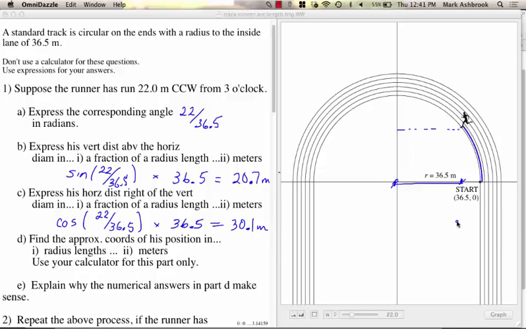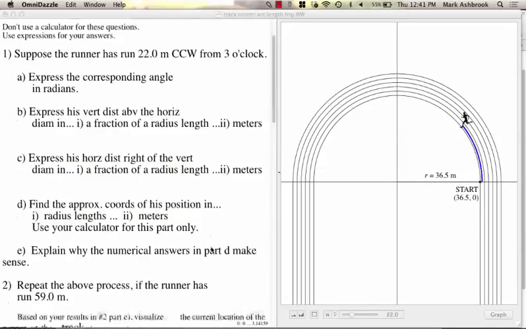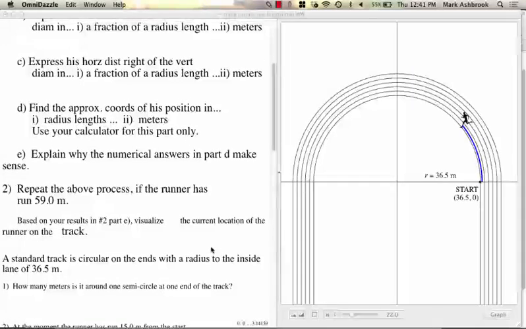Okay, does it make sense? Let's see what else I got down here. Any questions? Anybody have a question? Okay, let's try it again. If the runner goes 59 meters, I want you to write the coordinates of the position of the runner in meters.